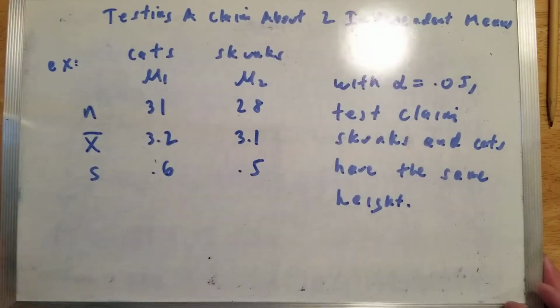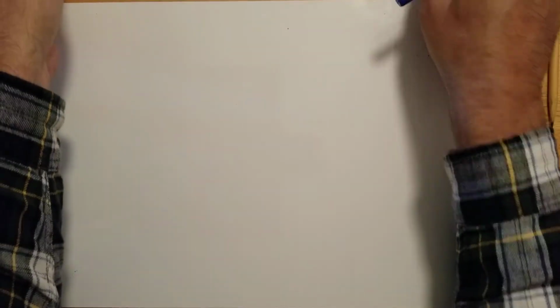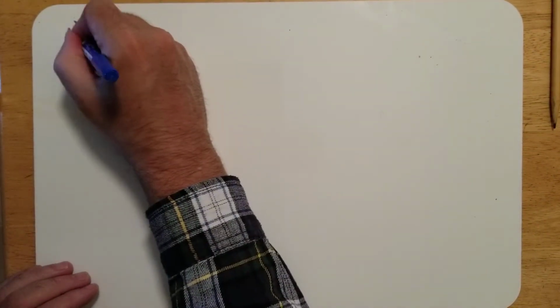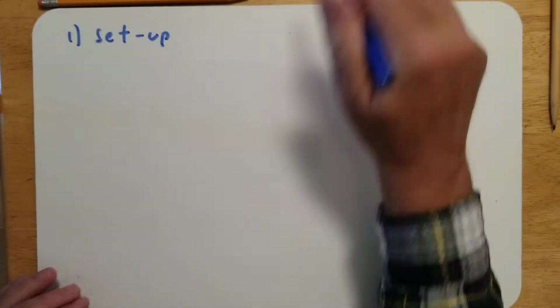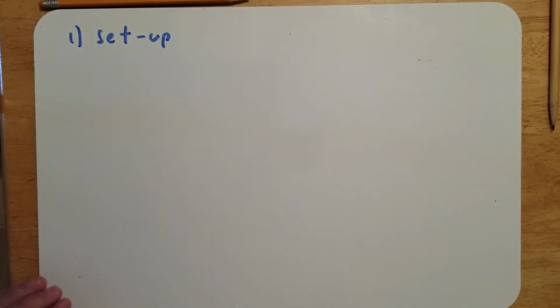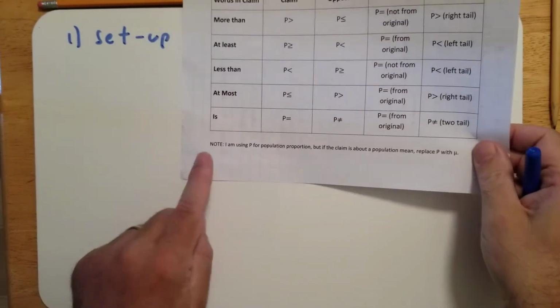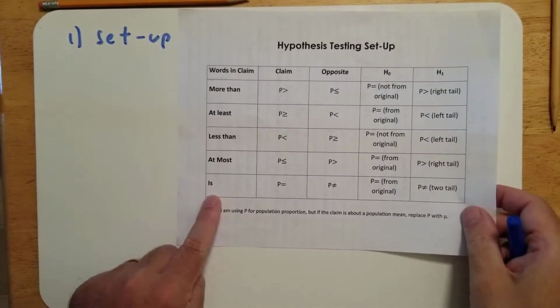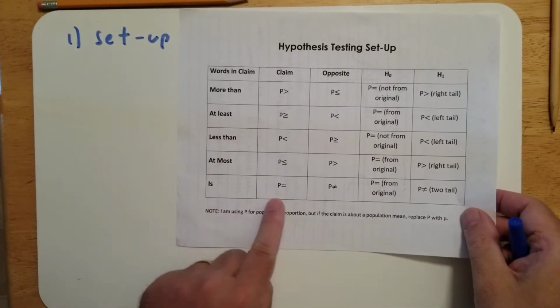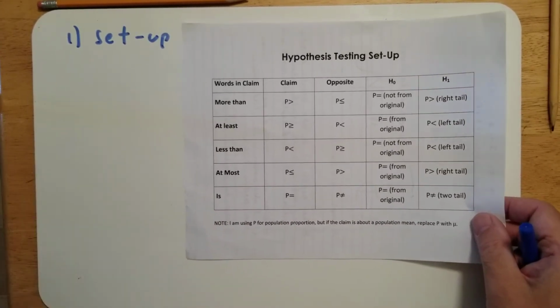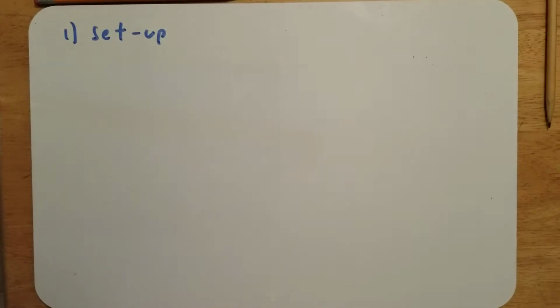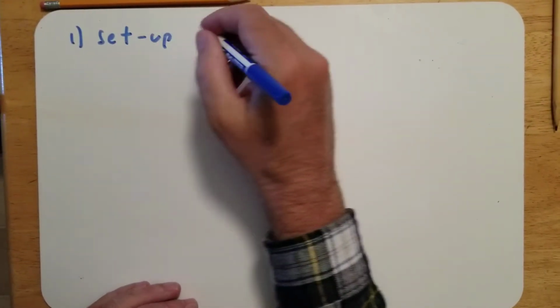As usual, there are three parts to this. Number one is the setup. Because we're saying they're the same, equal to each other, we're going with the "is" part of this chart. So I'm reading along the bottom row. Now again, this was for proportions, but now we're talking about two means. So the setup goes like this.